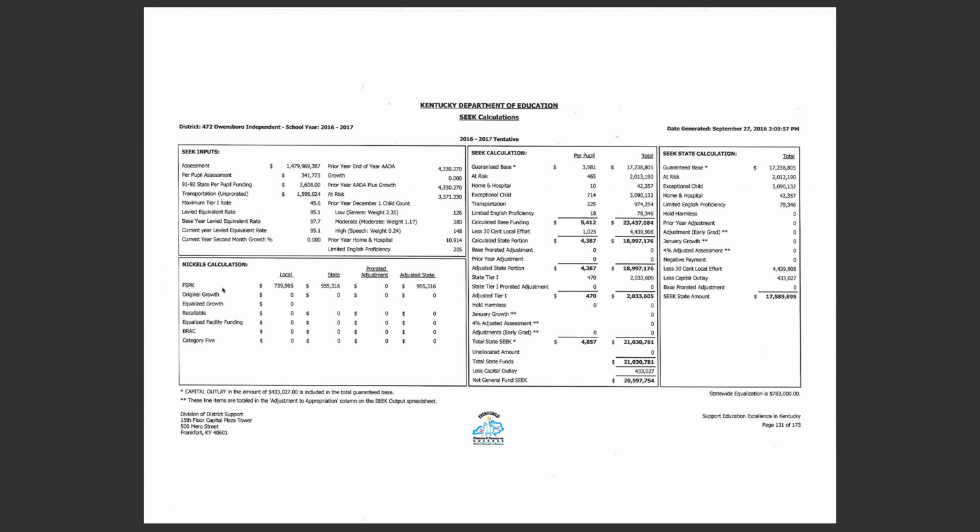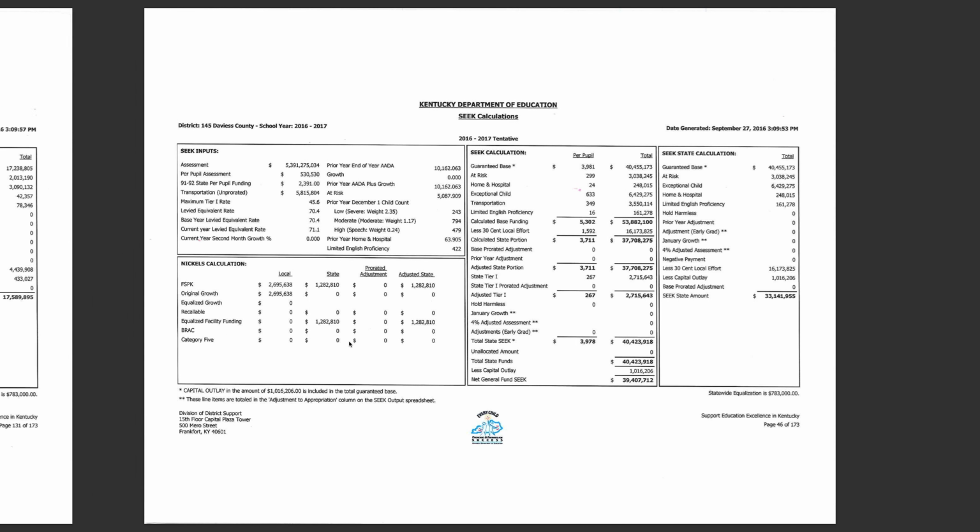In Owensboro's case, there's one nickel that supports $730,000 a year, and the state matches that, and actually the match is a little healthier than just a match.